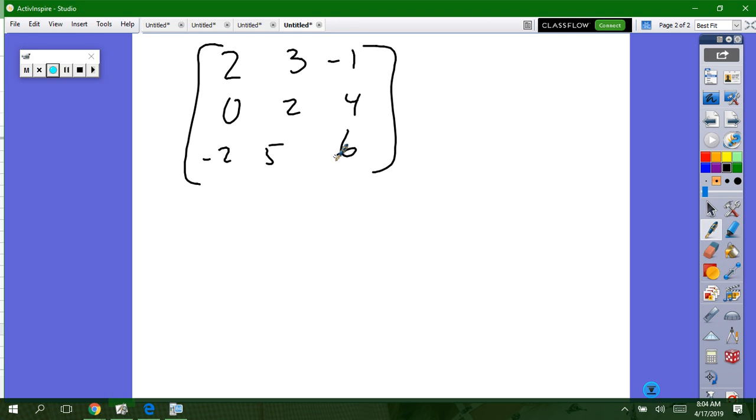Okay, here's our matrix. We're going to find the determinant. We'll call it A again. So it might just say find that.